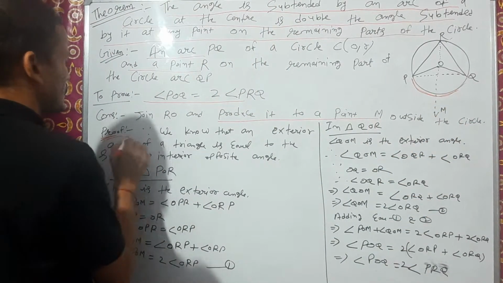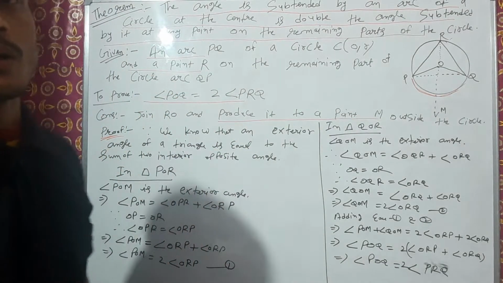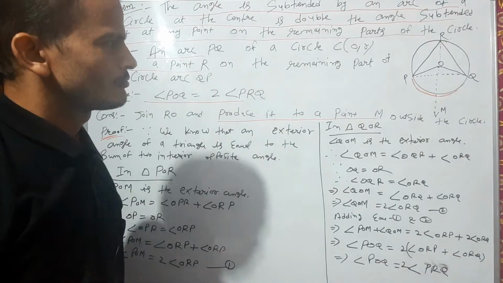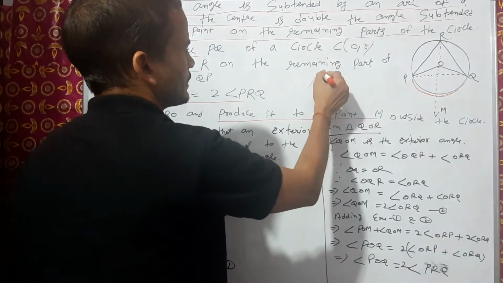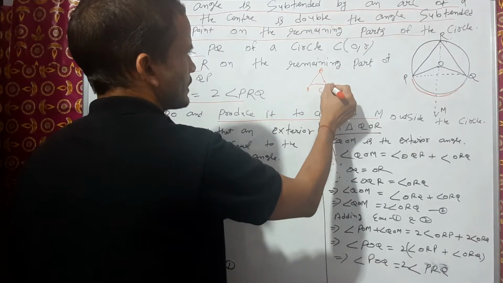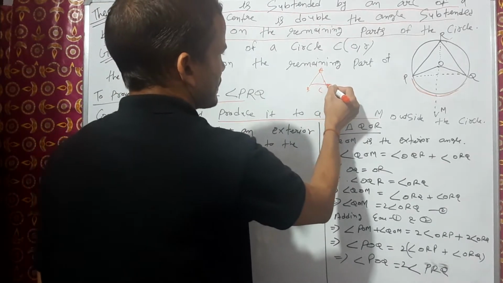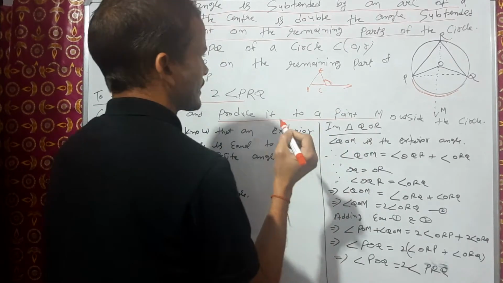Proof: we know this theorem. ABC is a triangle, and we extend one of its sides; then this angle is the exterior angle of the triangle.